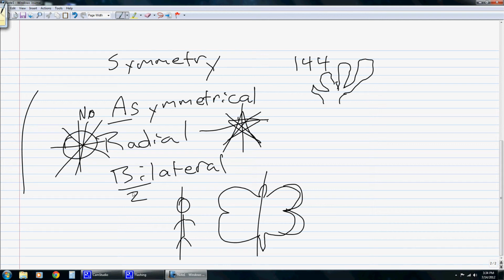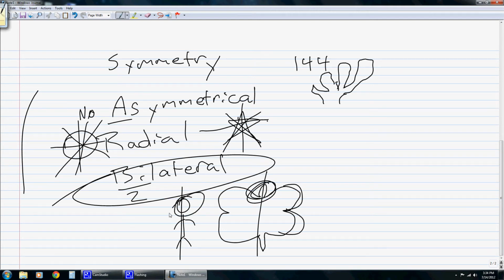The more complex animals you're going to get are these ones, the bilateral. Now, the reason is because of where bilateral animals store most of their sensory organs, the way that they can interpret the world around them. And they're going to store it all near this, what we call the anterior region.